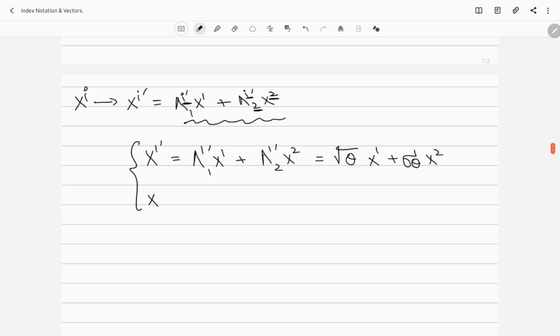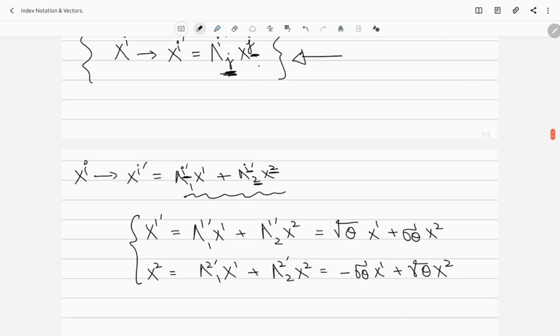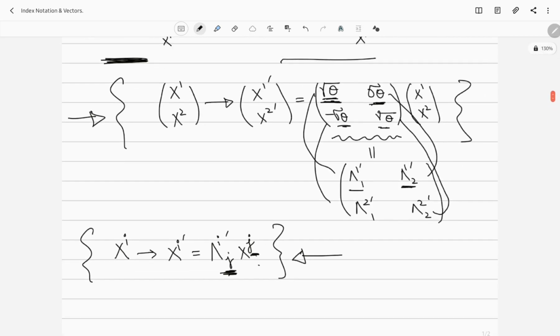And likewise we do it for x2. It would be lambda_21 prime x1 plus lambda_22 prime x2, which is simply minus sine theta x1 plus cosine theta x2. And well, bam, here you go. We used this index notation, and we could recover our original equations.